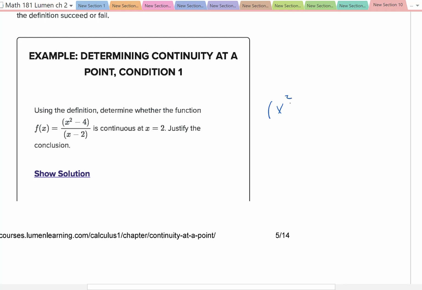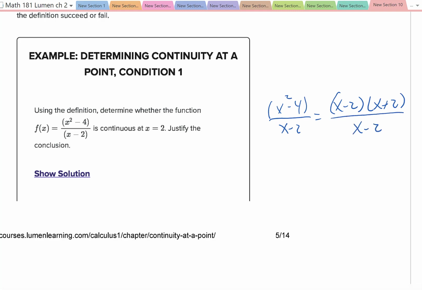This x squared minus 4 over x minus 2 is equal to x minus 2 times x plus 2 over x minus 2, and you could divide out an x minus 2, and the graph would essentially be the graph of x plus 2.